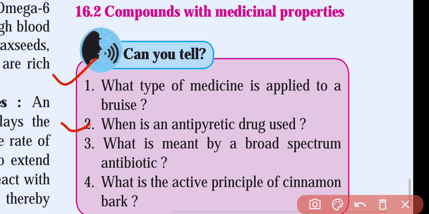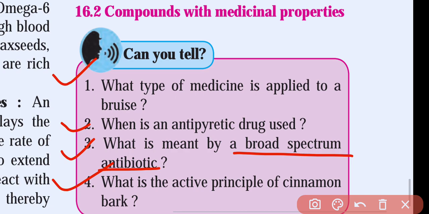What is an antibiotic drug used for? An antibiotic drug is used to lower the body temperature, meaning during fever we can use antibiotic drugs. What is meant by broad spectrum antibiotic? Broad spectrum antibiotics are the antibiotics which are active against gram positive and gram negative bacteria.